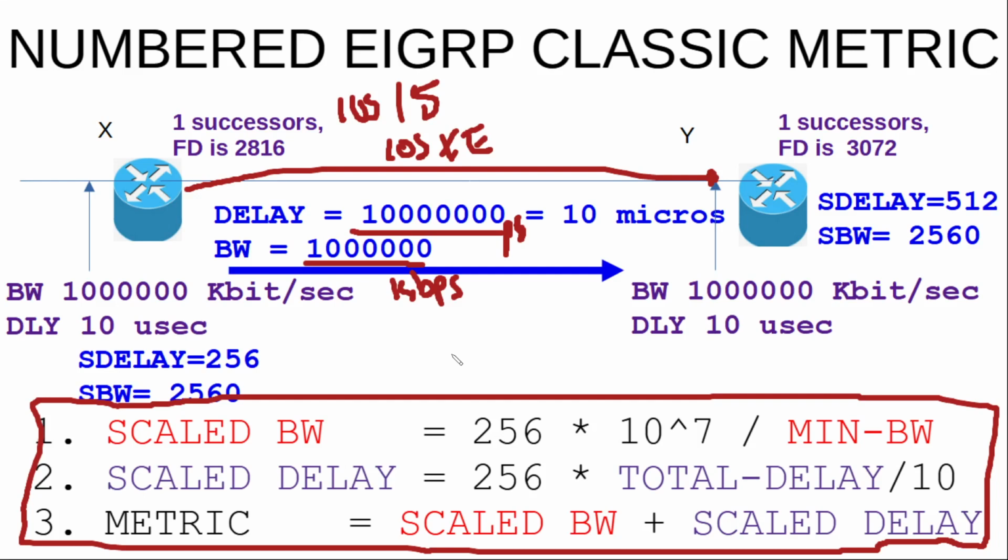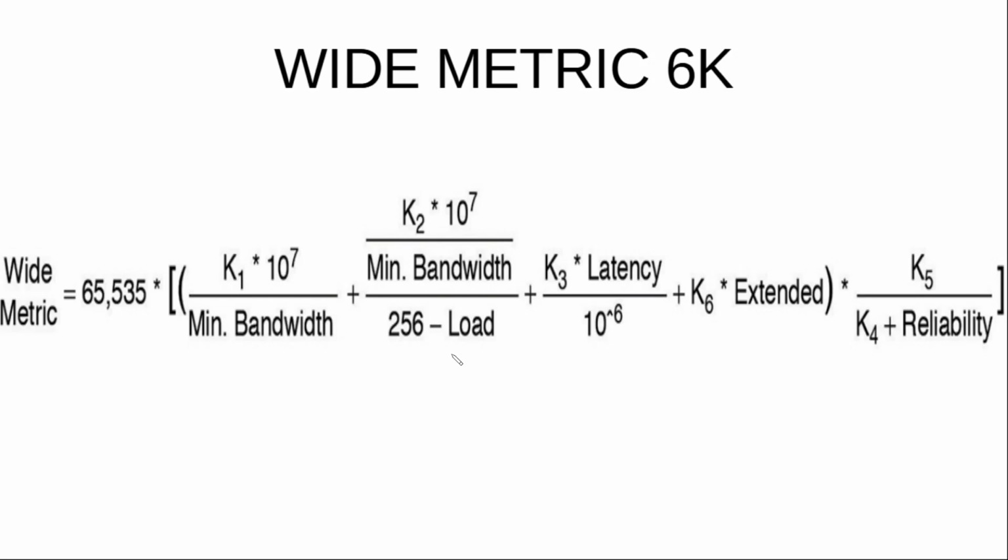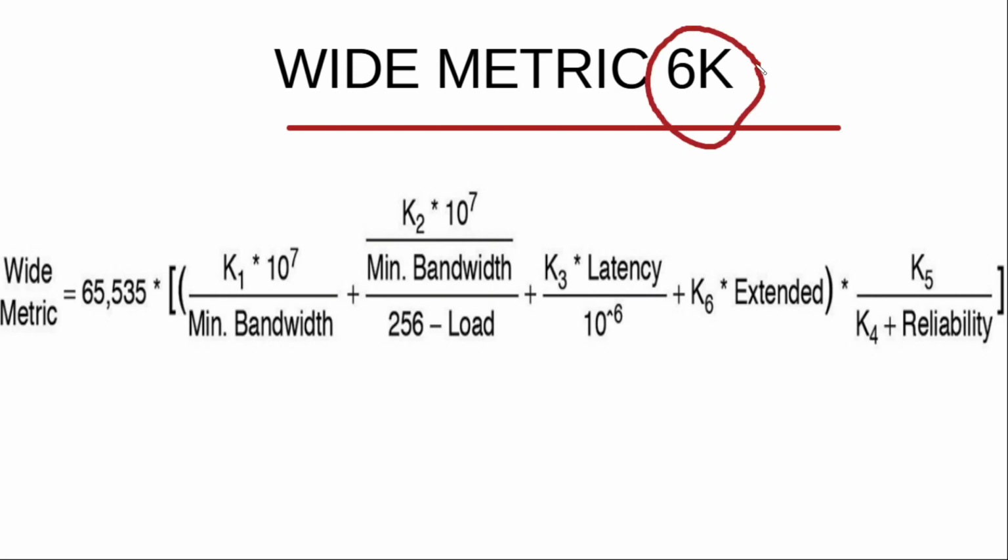So remember that this is the actual formula for the exam. Now, there is a more recent formula, which is known as the wide metric formula, with K values, in this case, and we are going to create a 64-bit metric.